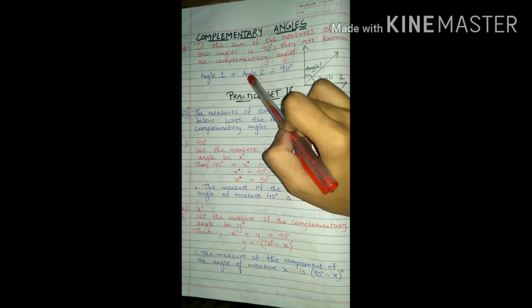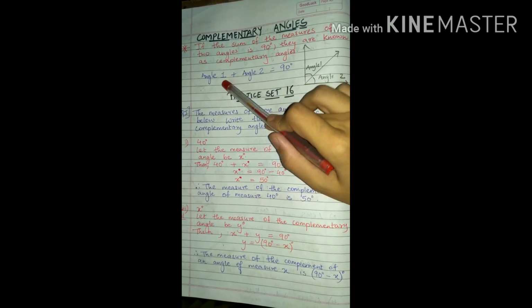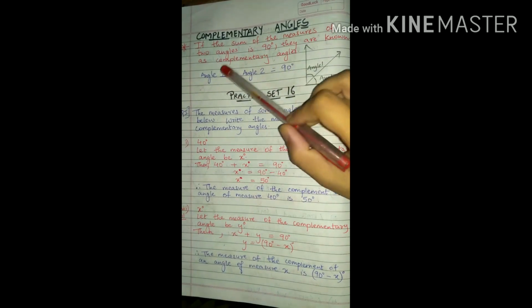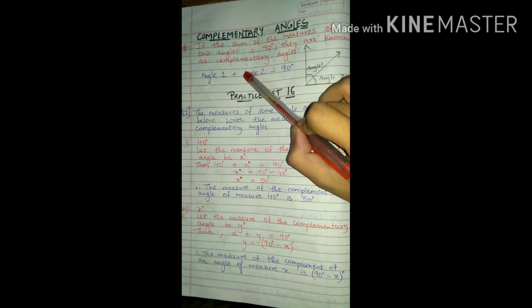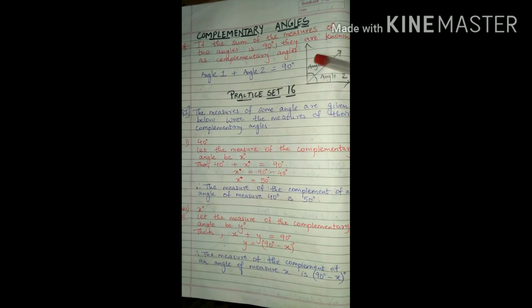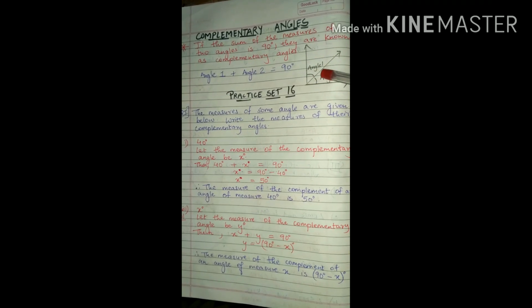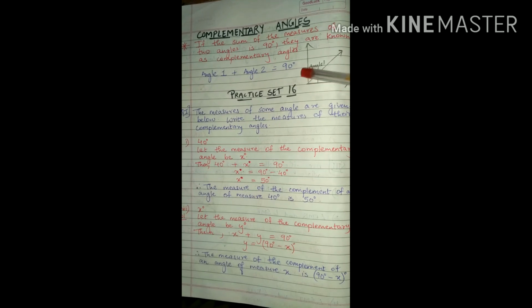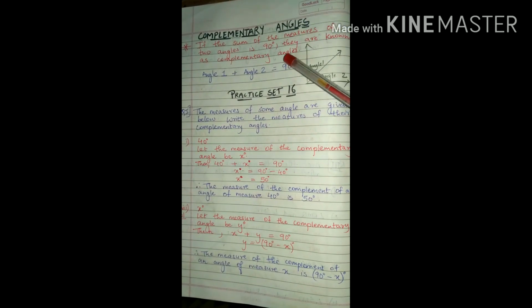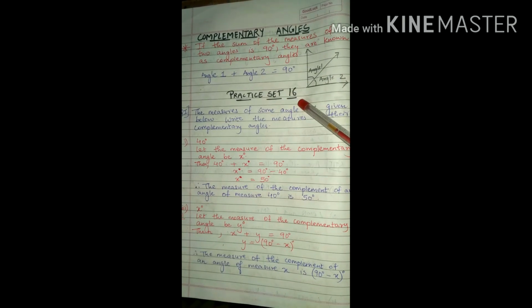They are complement to each other. So if angle 1 plus angle 2 equals 90 degrees, then both the angles are complementary angles. With this concept you have to solve practice set 16.